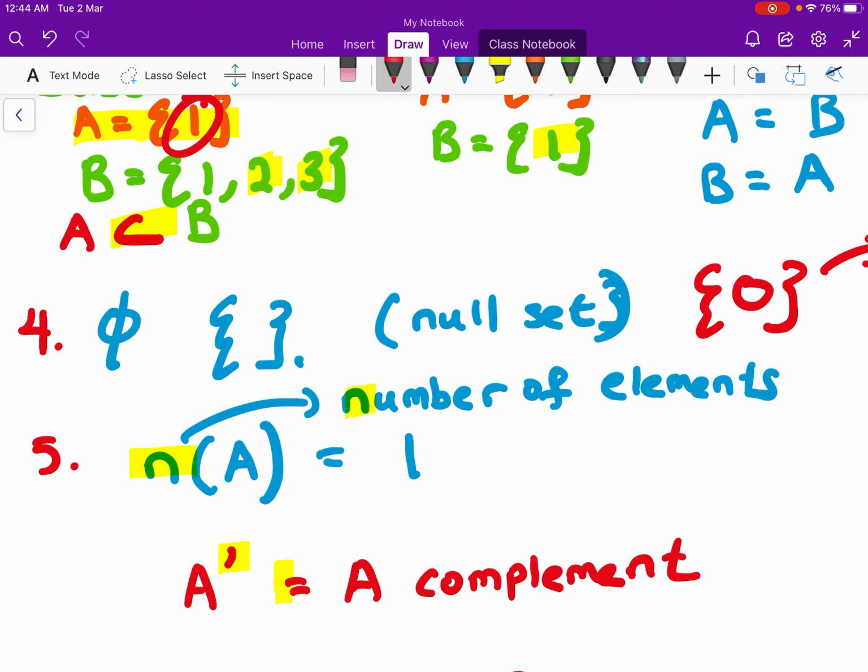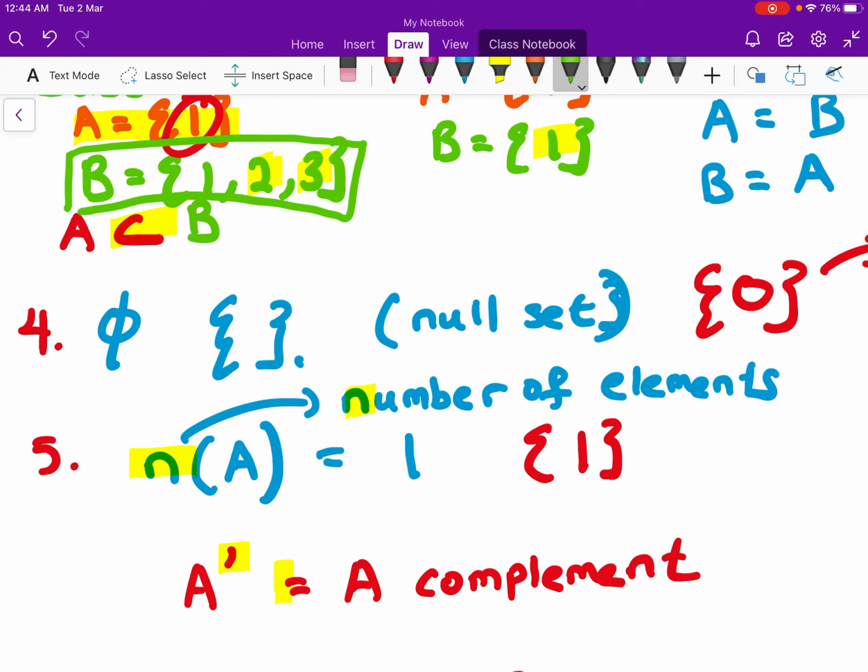For this you can't put the element itself, because I want the number of elements, not the element itself. For B, n of B, the number of elements inside B is 3. So this is the number of elements.